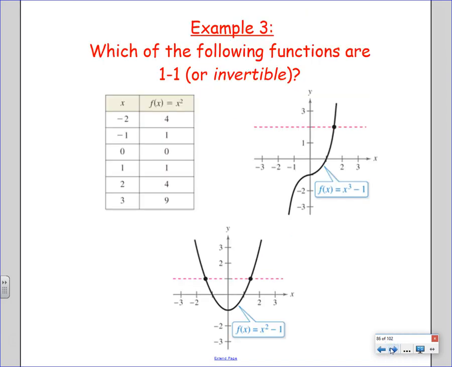Okay, so check these ones out. Which one or ones? Could be all, could be none, or any. You have a table and you have 2 graphs. The dotted lines are just to give you a representative horizontal line. Which one or ones are invertible? AKA 1 to 1.